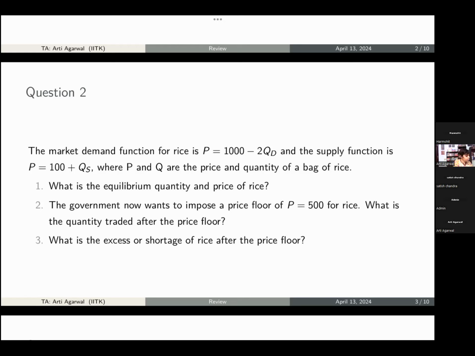Any ideas? If you want, I can mute myself. You can solve it for a few minutes. I think the first part at least everybody can solve.